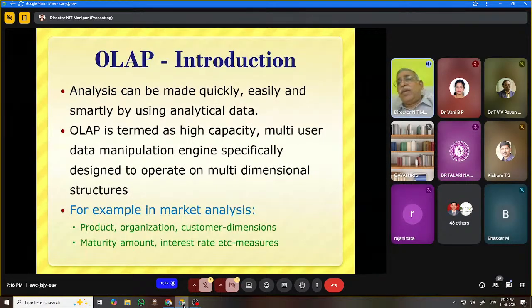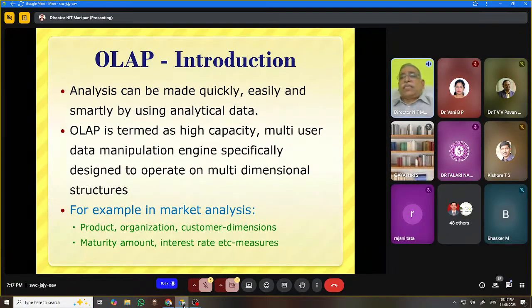So that data only should be taken as input for this system. People call OLAP a very high capacity multi-user engine, meaning several users can simultaneously manipulate the data, specifically designed to operate on multi-dimensional structures.